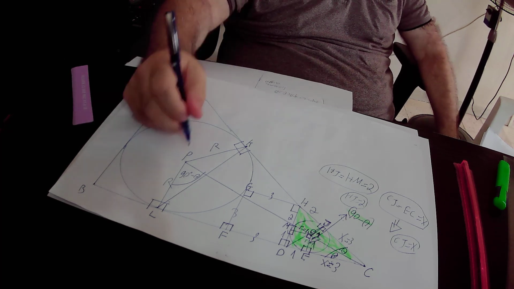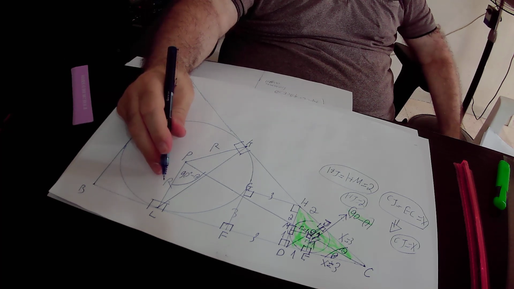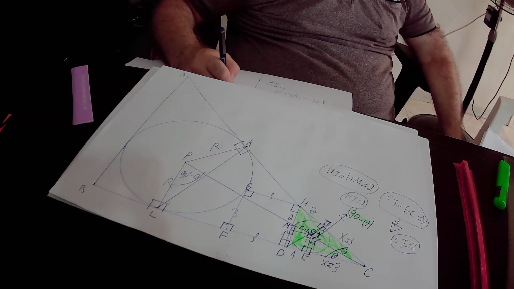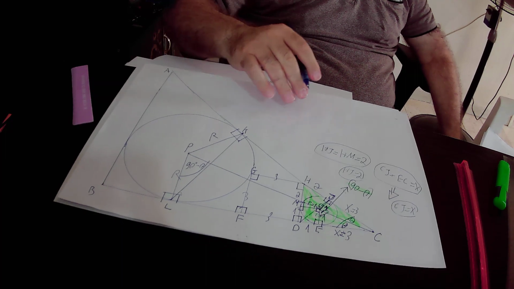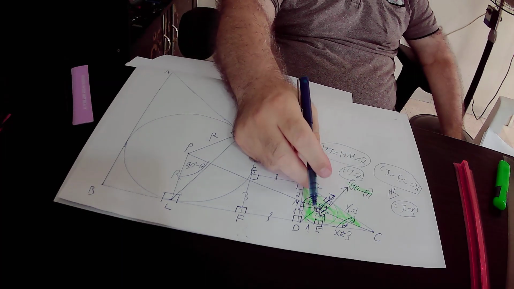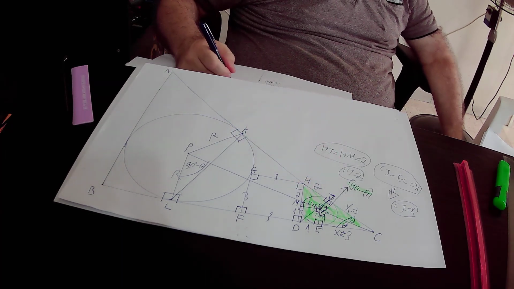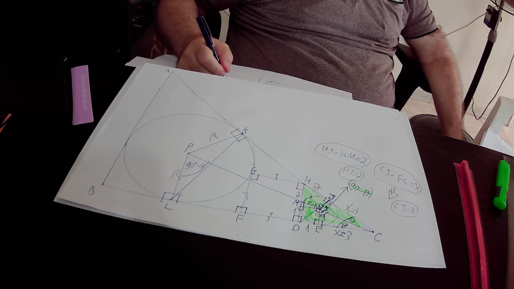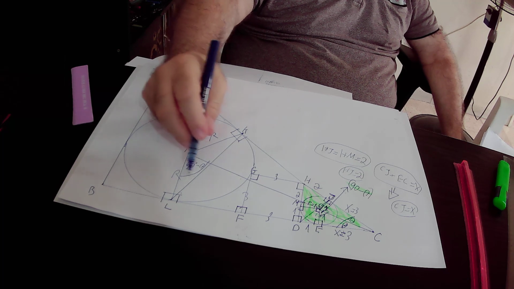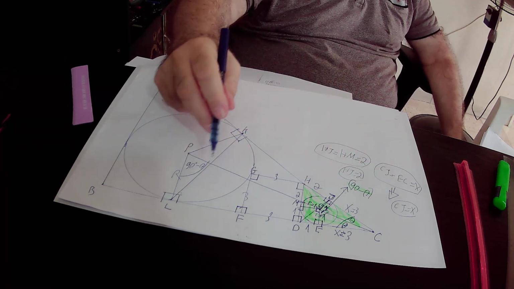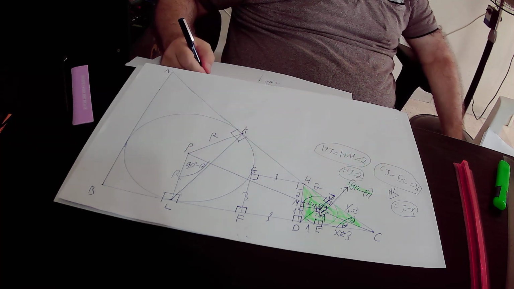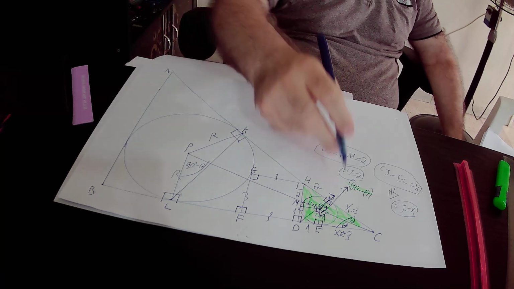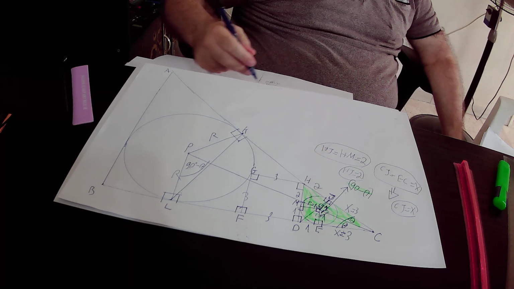We conclude that PL in the big right triangle over OE in the small right triangle is equal to LC in the big right triangle over EC in the small green right triangle.